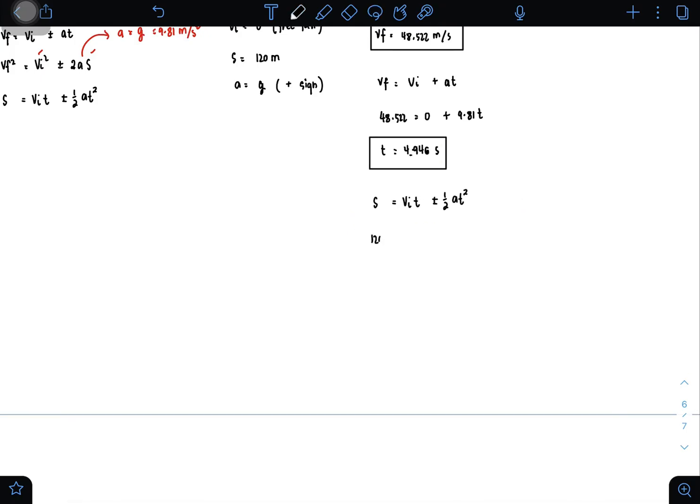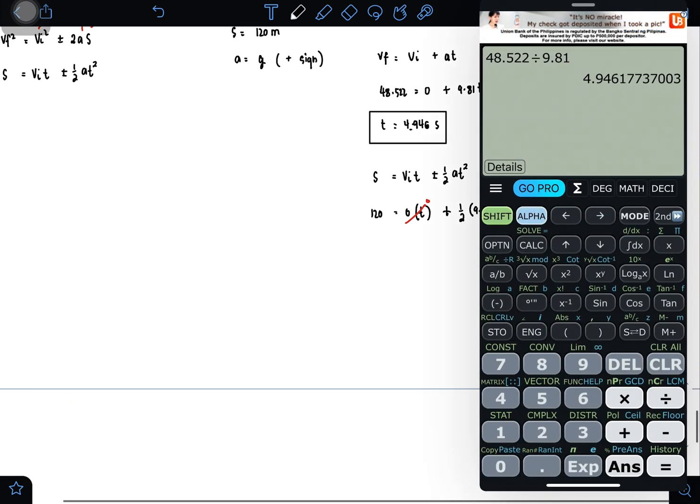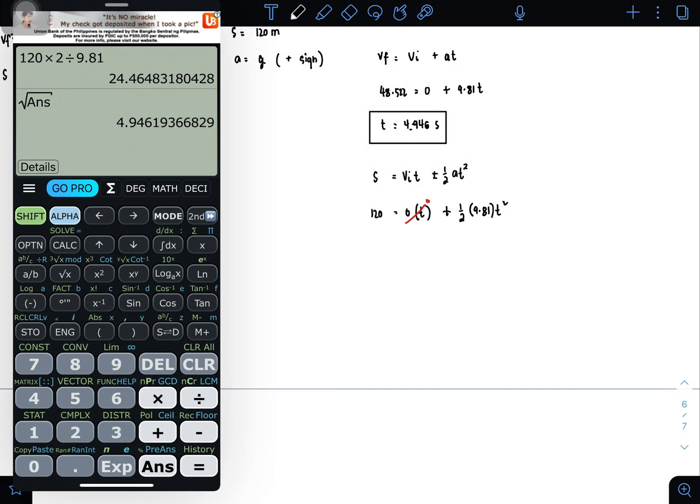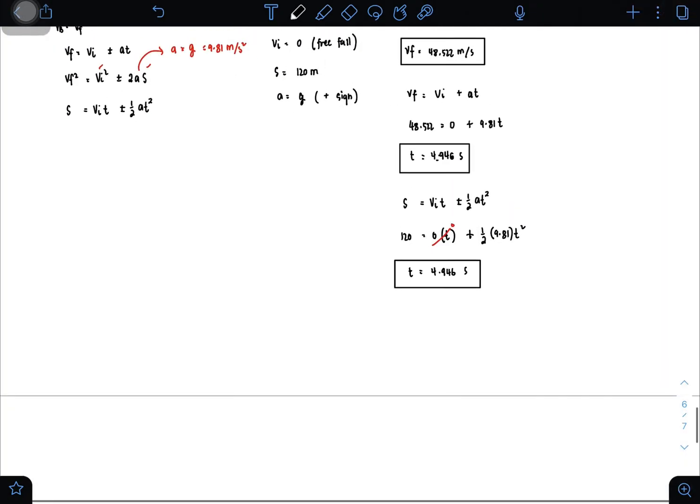The distance is 120, and the initial velocity is 0 times the time, which is obviously 0. Then we use the positive sign again: 1/2 times the acceleration 9.81 times time squared. Therefore, we have 120 times 2 divided by 9.81, and you take the square root. So the time is 4.946 seconds as well. It's really all up to you which formula to use.